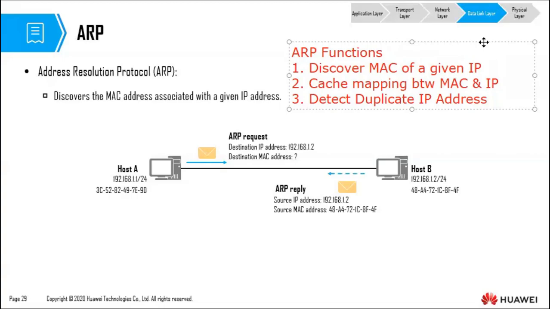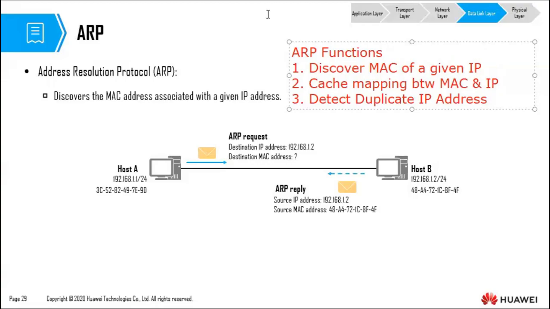Duplicate IP address: sometimes if you've decided to manually configure IP addresses on computers, you might erroneously configure the same IP address in more than one device. Are you together?